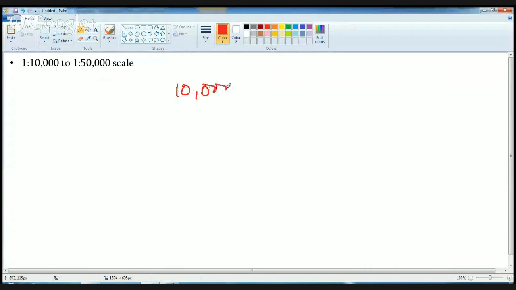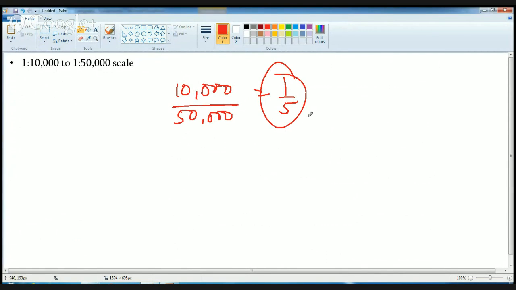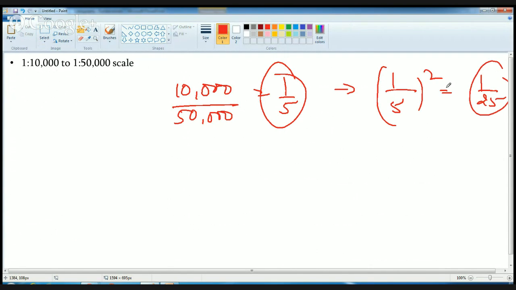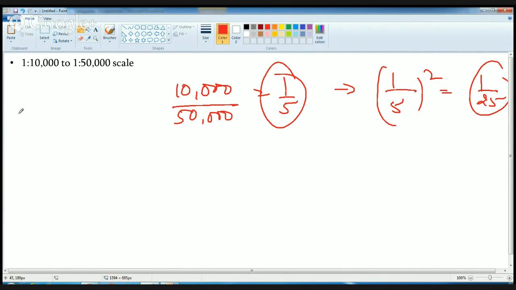So it would be 10,000 by 50,000, that is 1 by 5. Now it would be 1 by 5 of the original scale. So the area would be 1 by 5 square, that is 1 by 25 times. Now if I am enlarging the map from 1 lakh to 20,000, this was reduction of the map.